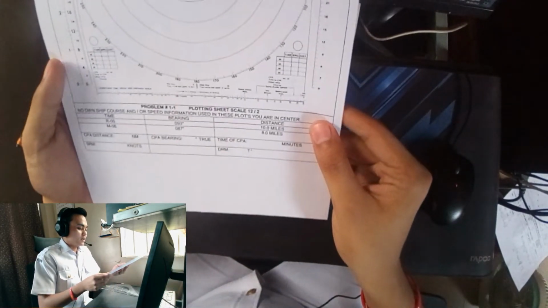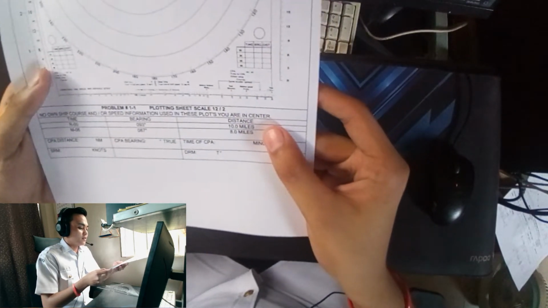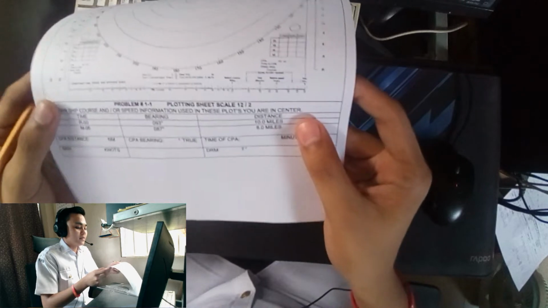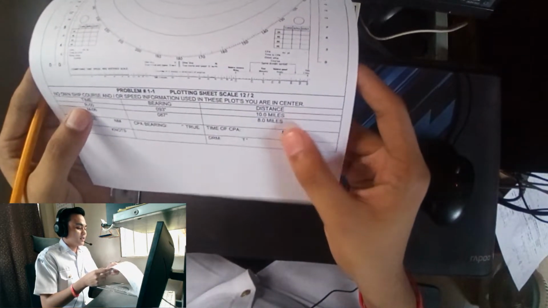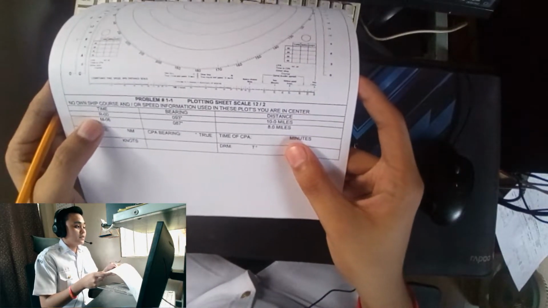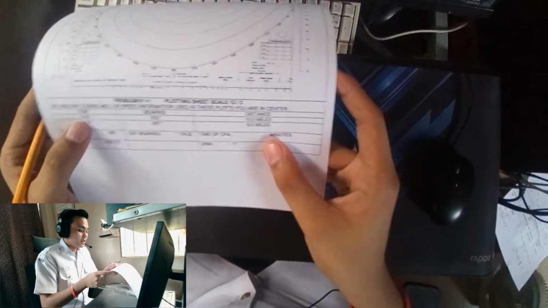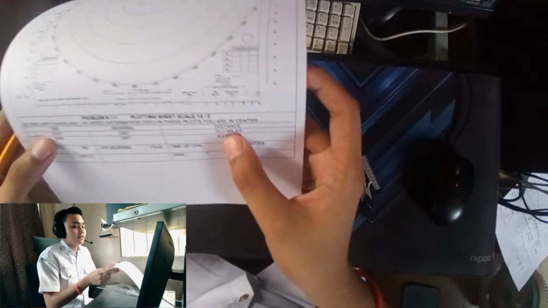So here we have a problem. We have no ship's course and speed information in this problem, but we have two detected targets or positions, point R and point M. Point R is at 0 with a bearing of 093 degrees true and a distance of 10 miles.